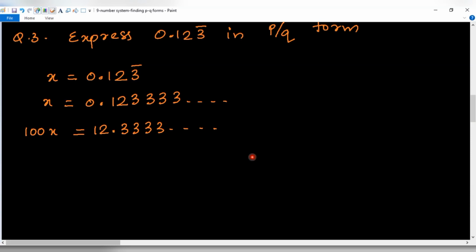Now, see, again 3 is getting repeated, right? So we have to move this decimal towards this. That is, again, we have to move one more place. So we have to provide one more 0 here.